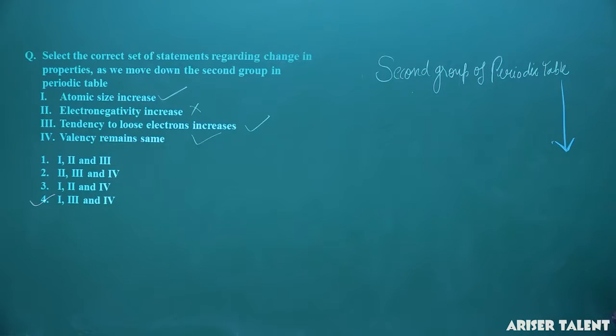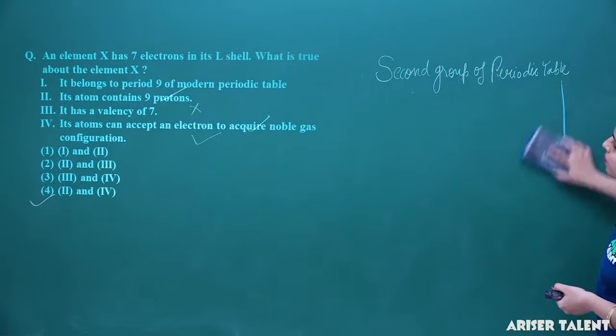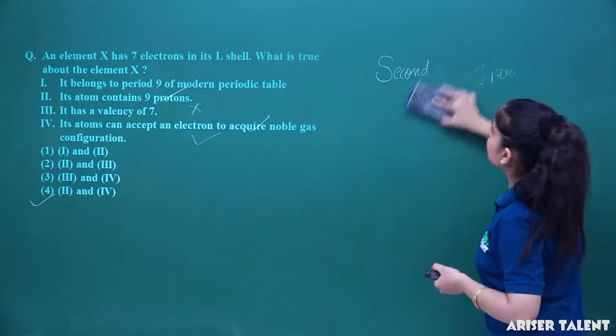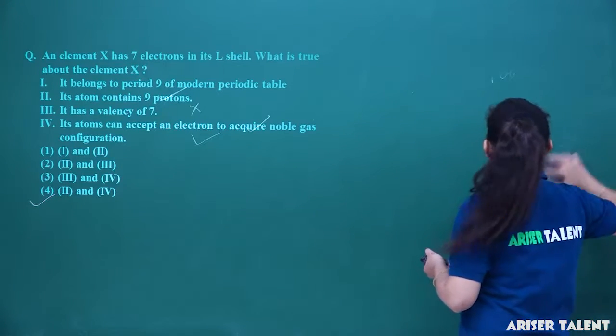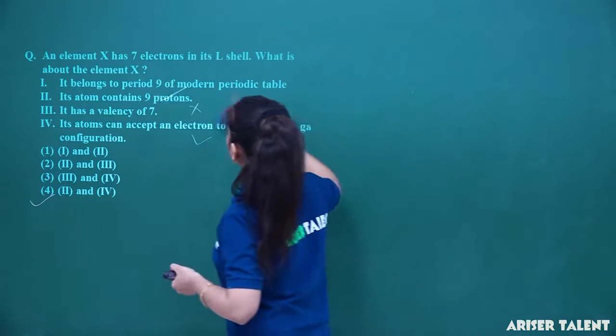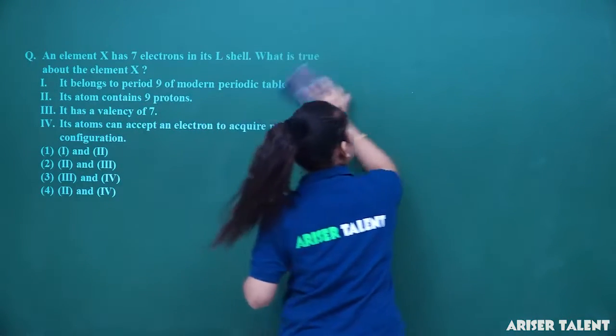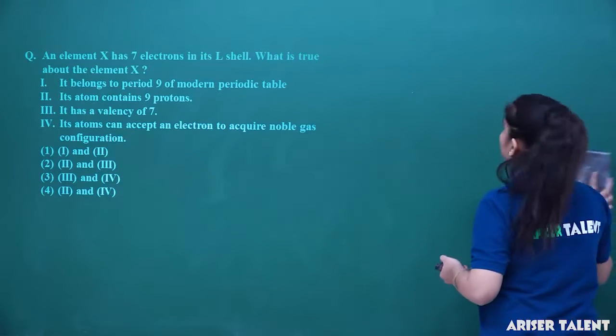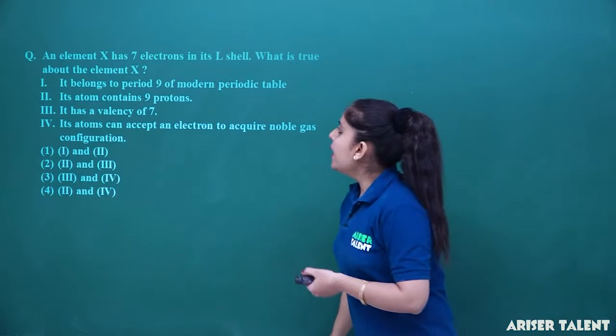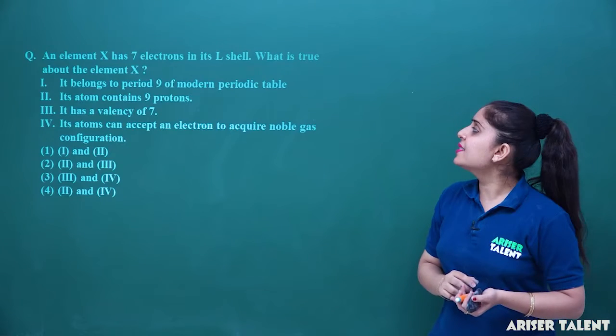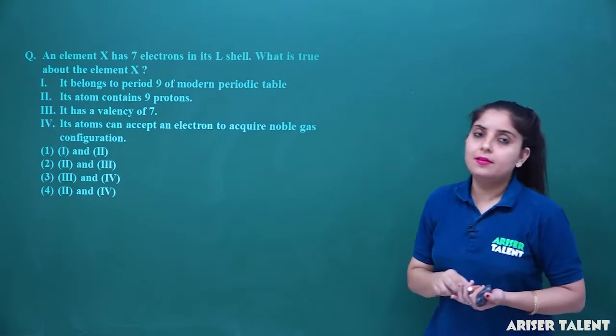Now let us move to the next question in this sequence we have. An element has X electrons in its L shell.